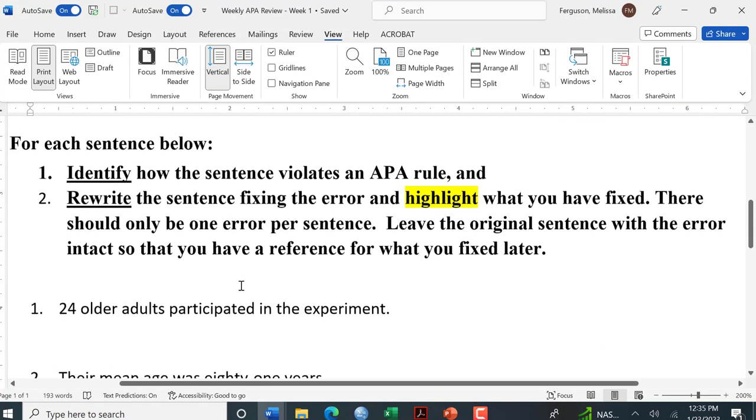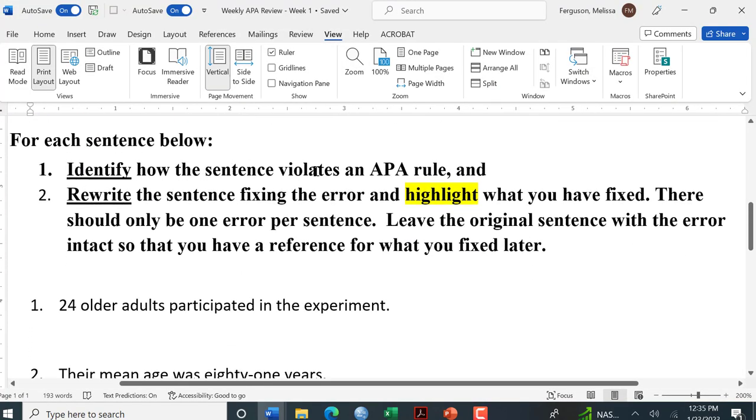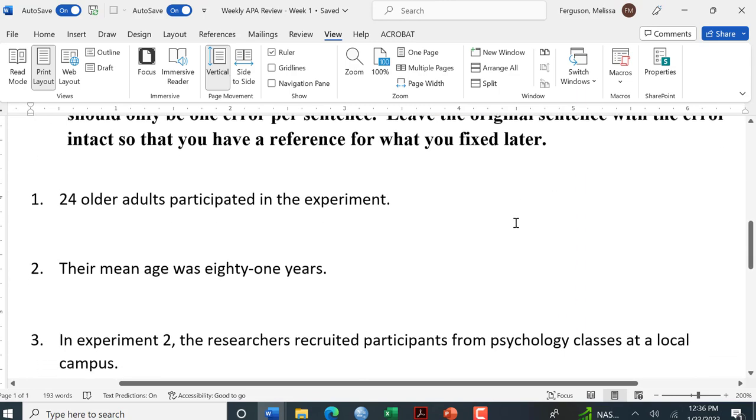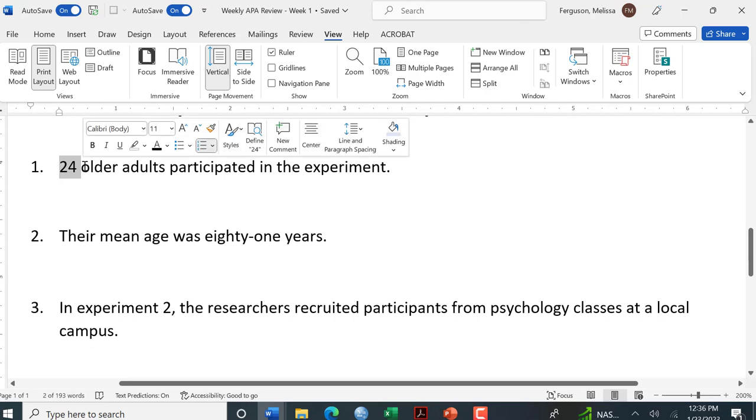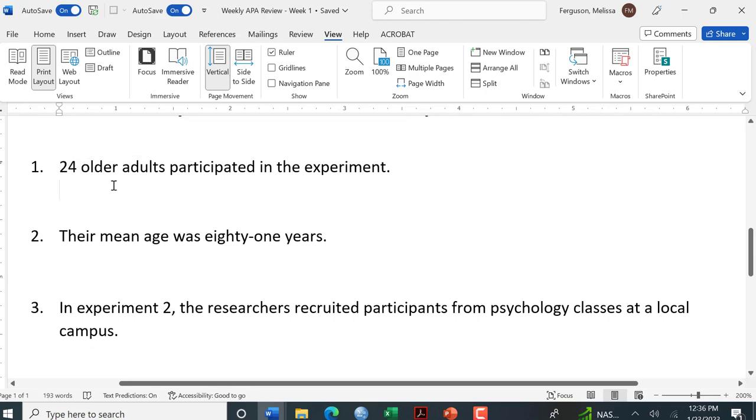Now comes time for the question. So you're going to identify how the sentence violates the APA rule and then rewrite the sentence, fixing the error, and highlight what you've fixed. I'm not going to do that for you, but you see here the first one, hopefully from what I've gone over, you see right away what's wrong with this, and then explain to me why you are changing that. For the most part, there's one error per sentence.